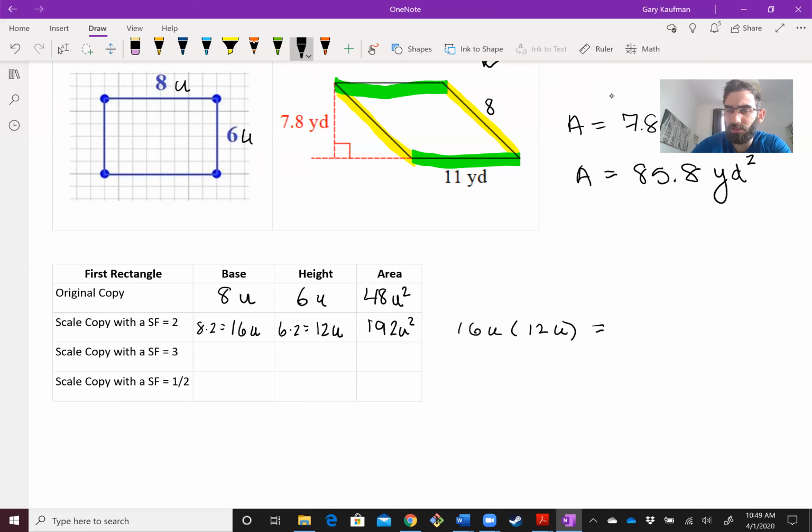So hopefully you're starting to think, because the idea is this is an exploration, so we want to try to find a pattern. I doubled the base, I doubled the height, and the area, it's not doubled, it's more than doubled. So I'm going to pause, and you are going to fill out the information for the next 2 rows in your notebook. Make sure you show your work.